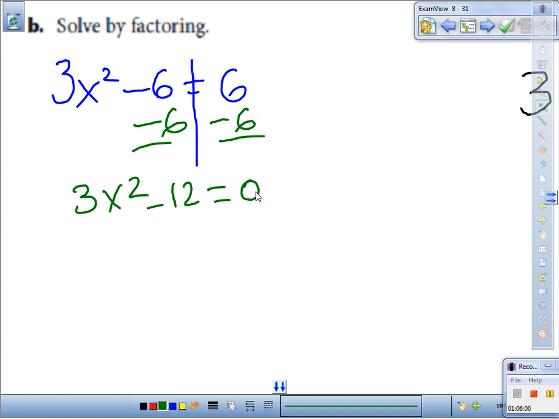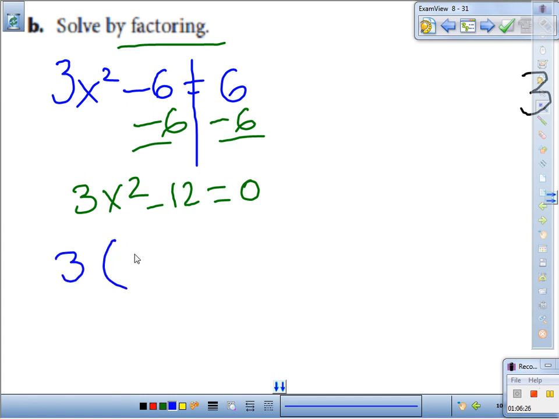Now that we have it equal to 0, now we can factor. All this past couple of days, what was the process? Standard form. What is the second step? Check for GCF. What is our GCF for these two? 3.